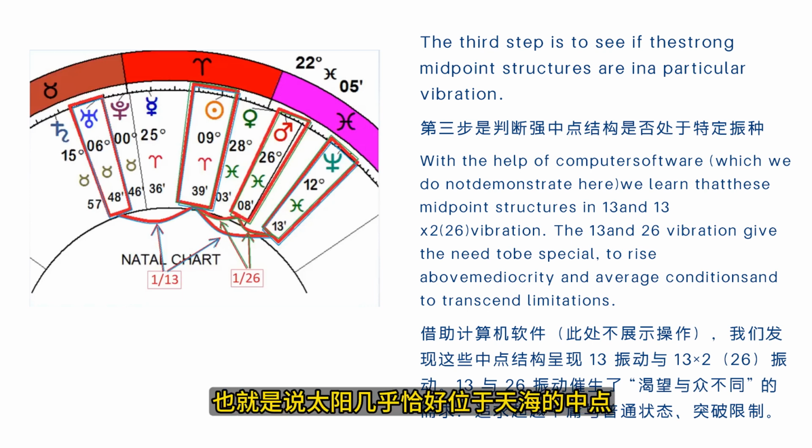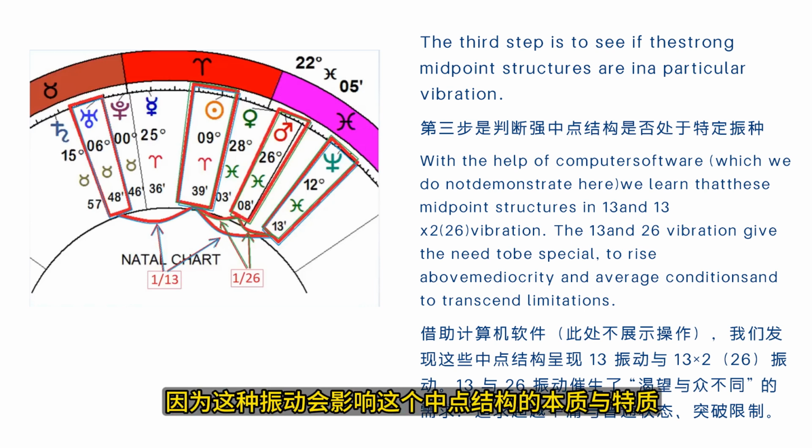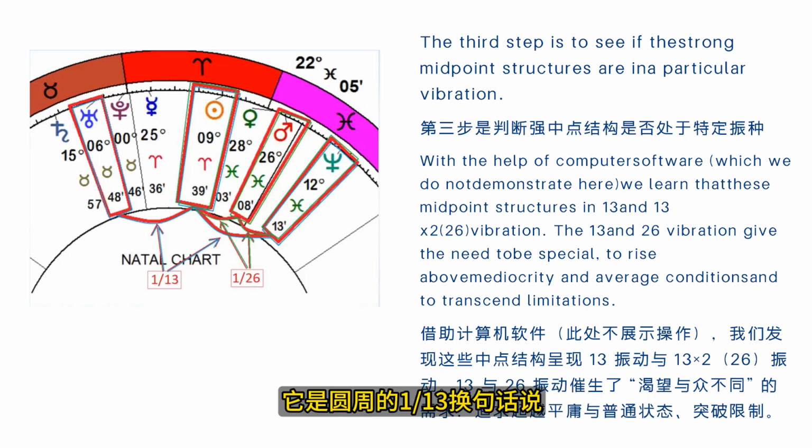That Sun is almost exactly at the midpoint of Uranus-Neptune. These angles are the same. What vibration are they? Because that vibration will affect the nature, the quality of this midpoint structure, and it's 1/13 of a circle. In other words, the distance of the Sun to Uranus is 1/13 of a circle.